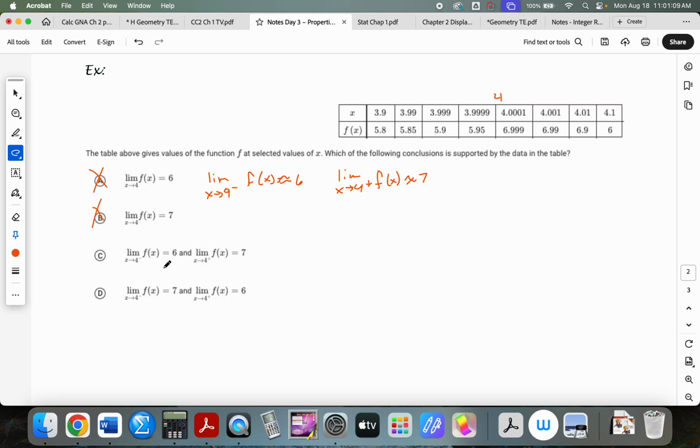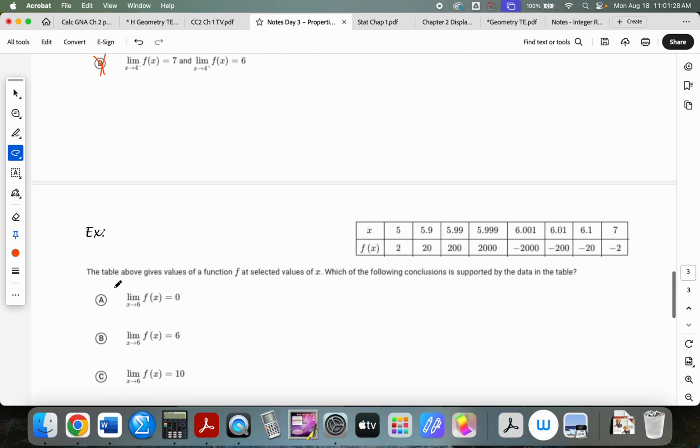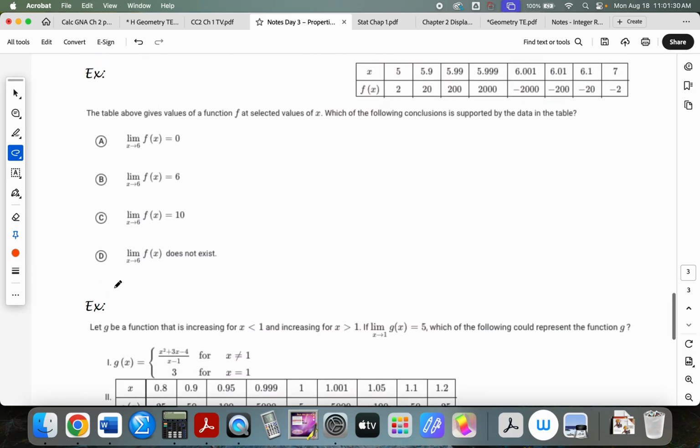And here we have the right one. The limit as x approaches 4 from the left of f of x is 6. And the limit as x approaches 4 from the right of f of x is 7. This one is correct. This one, they just reversed them. That one's not too bad.